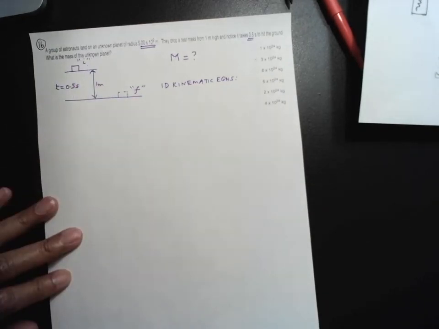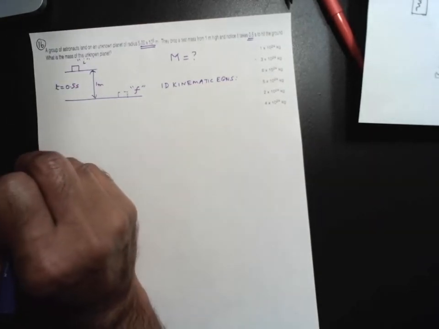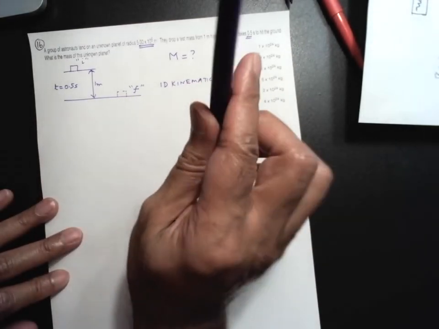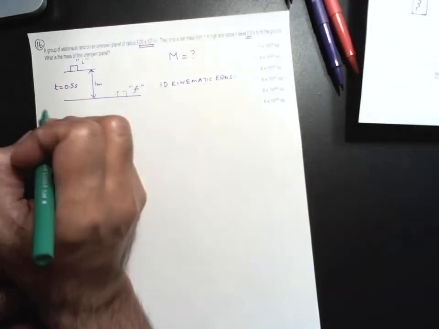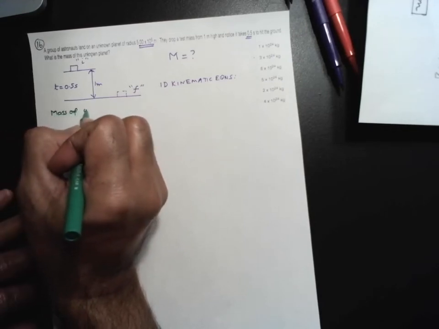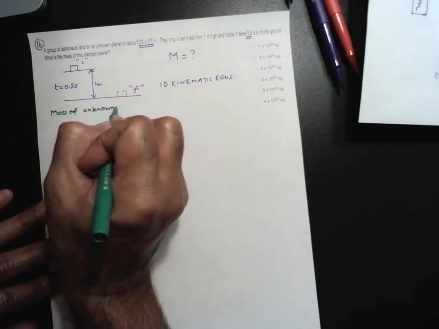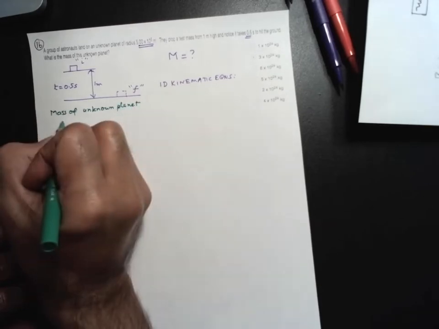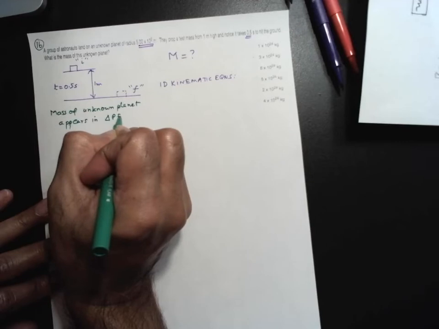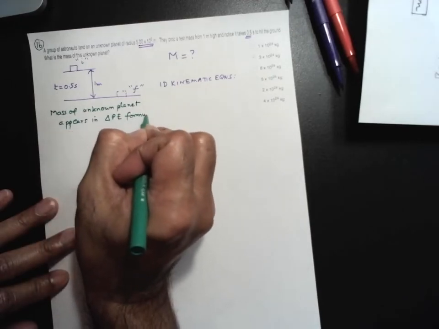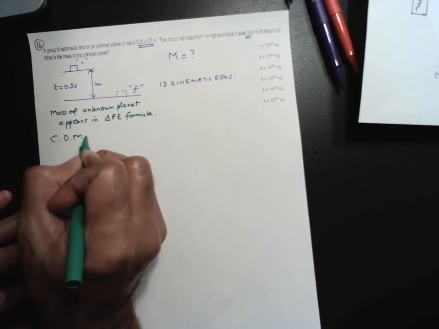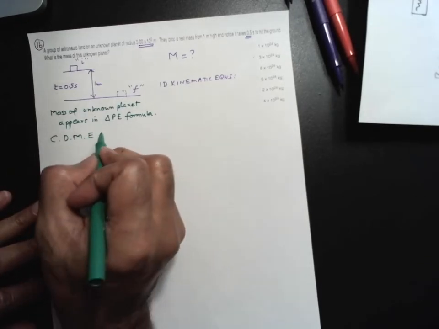The mass of the unknown planet will only come into the potential energy, just like the problem we were just doing. So if I want the mass of the unknown planet, the mass of the unknown planet appears in the change in potential energy formula. So I should use conservation of mechanical energy to try and find that.